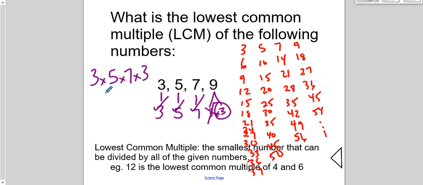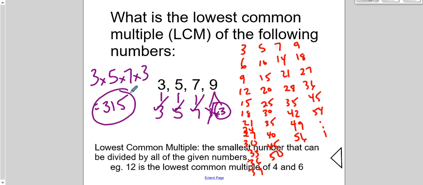Okay, so if I go 3 times 5 times 7 times 3, I'm going to need my calculator for this one. 3 times 5 times 7 times 3. Wow, I get 315. And that would be my lowest common multiple.